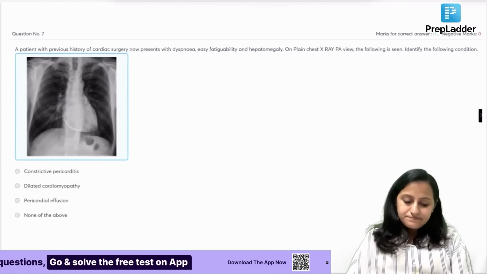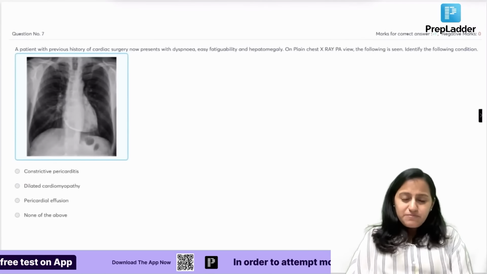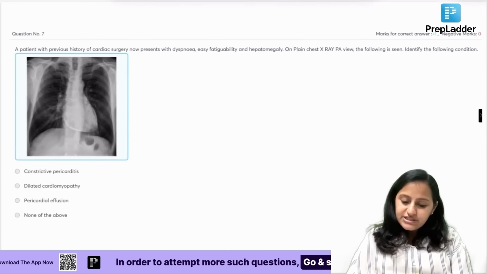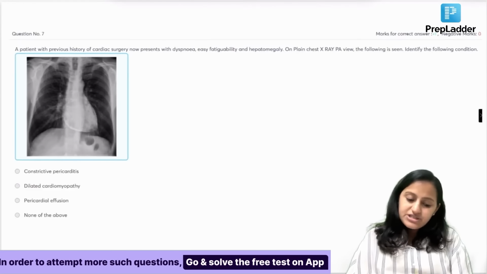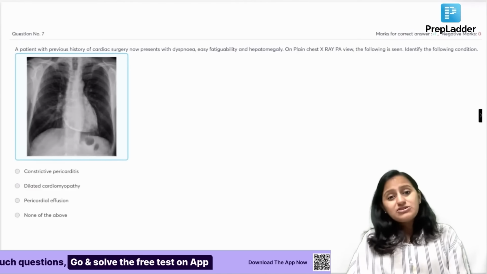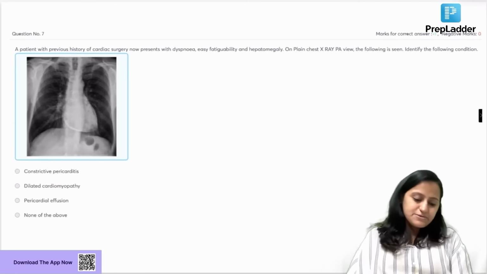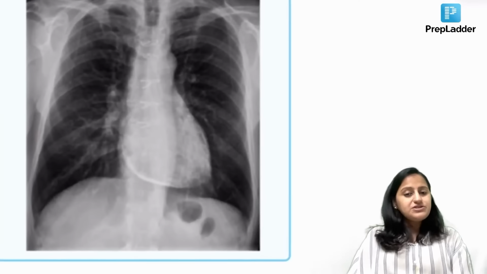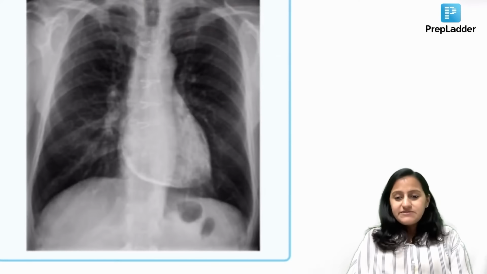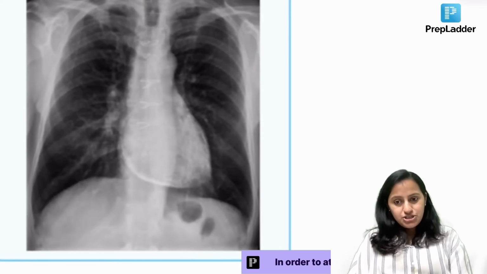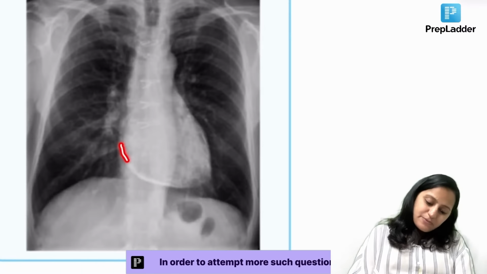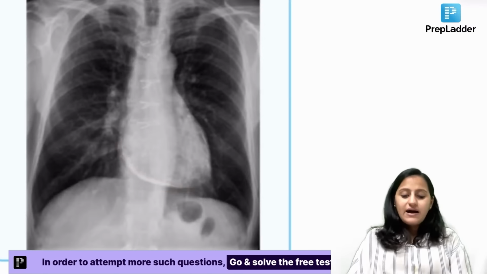Next one. A patient with previous history of cardiac surgery, dyspnea, all these things are mentioned here, and there is this image. This image has been asked in one of your previous FMG exams as well. What is the finding that you are seeing in this image? Can you appreciate this white line along the heart border?